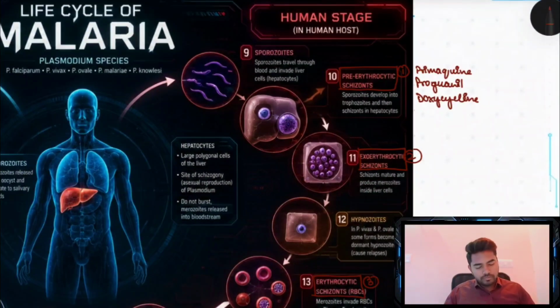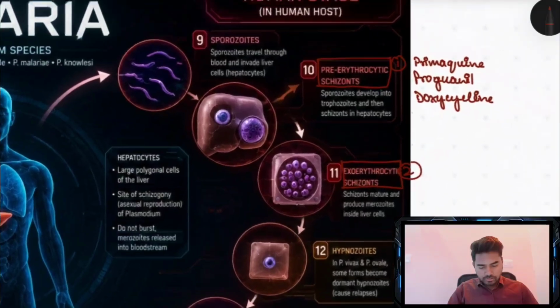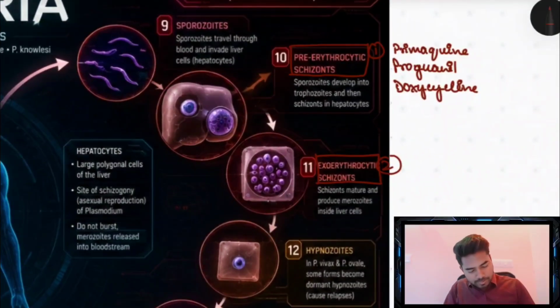So we have three drugs to kill pre-erythrocytic stage, that is primaquine, proguanil, and doxycycline. Next, to kill exoerythrocytic stage, we have only one drug, that is primaquine.